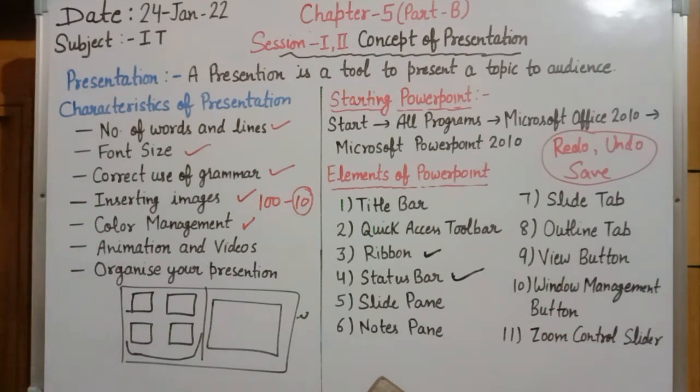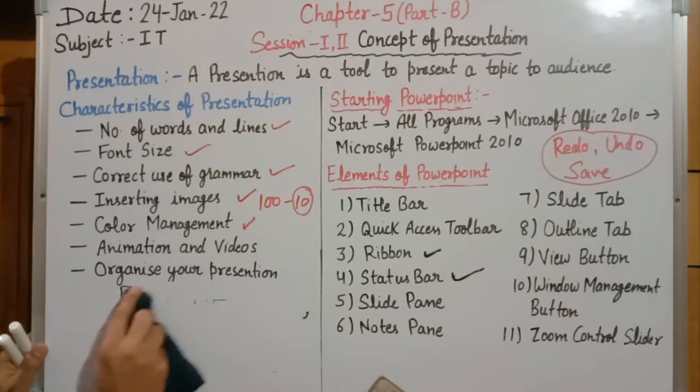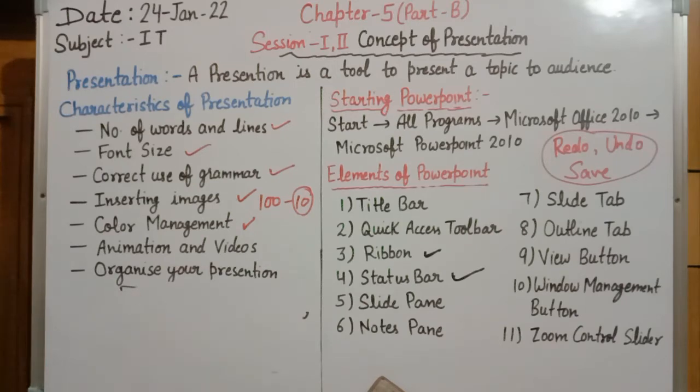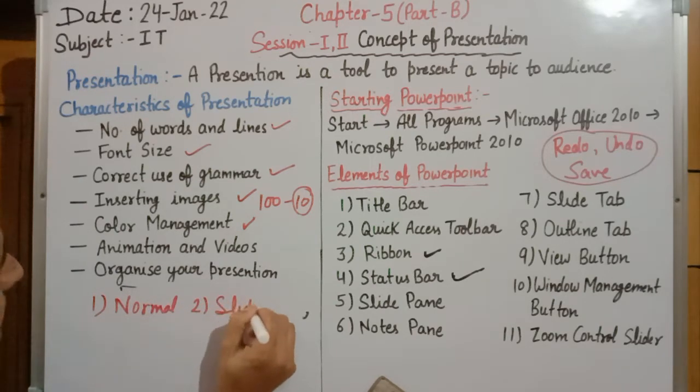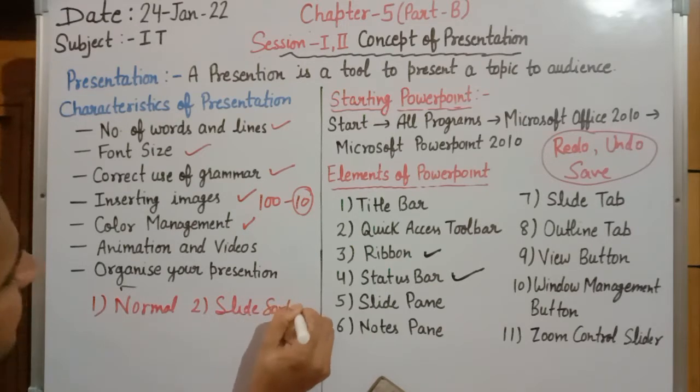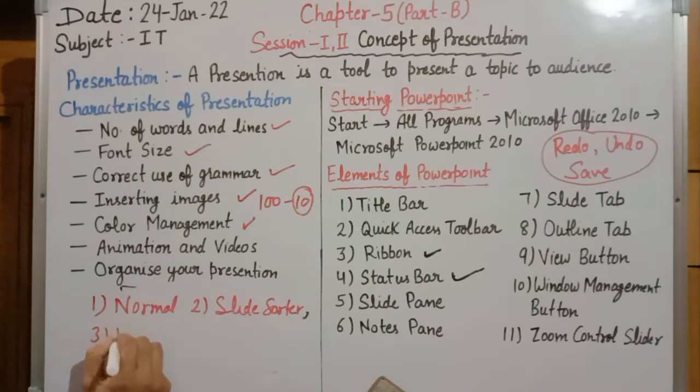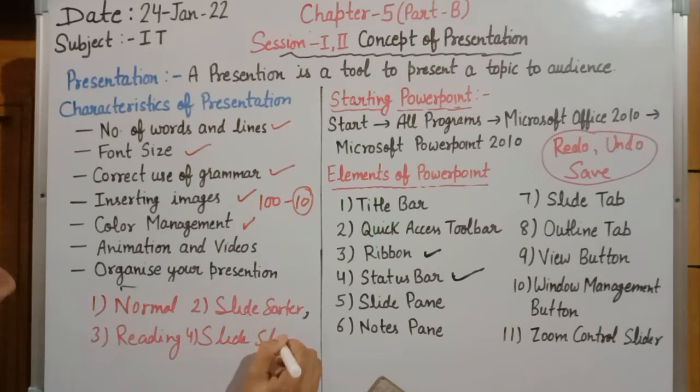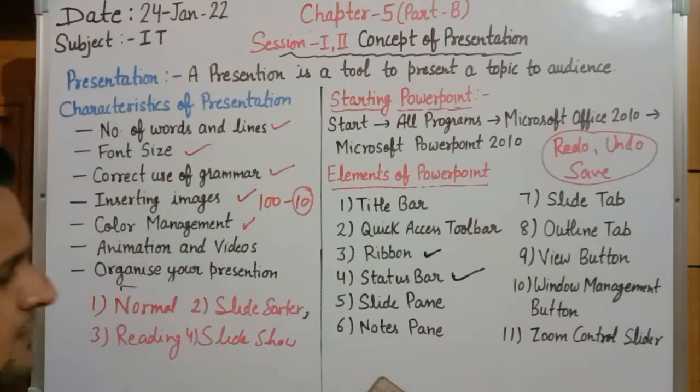View button. View button is used to display the slides in a different view. We are having 4 types of views in our PowerPoint slide. First view is normal view. Second view is slide sorter. Third, it can be reading view. And fourth, it can be slideshow. All these 4 views are available under the view button.